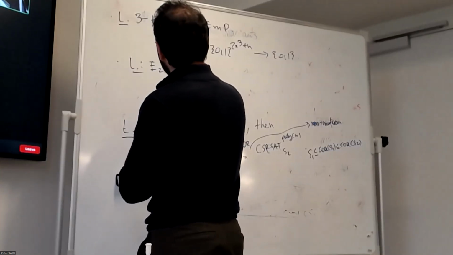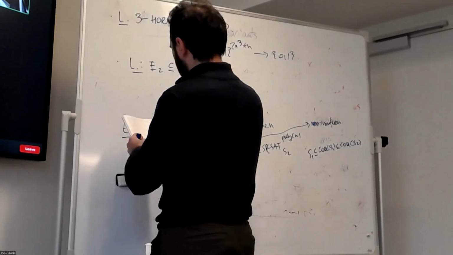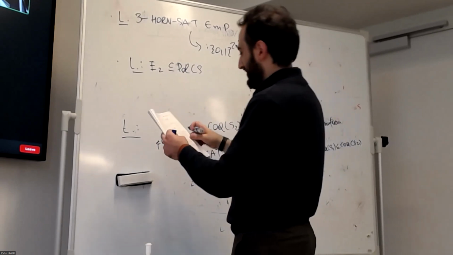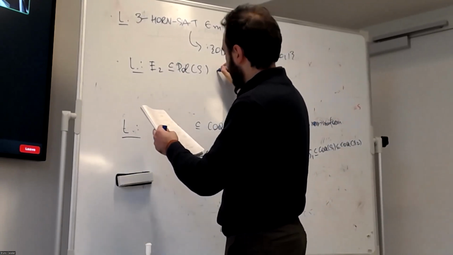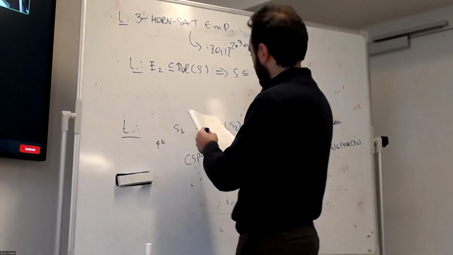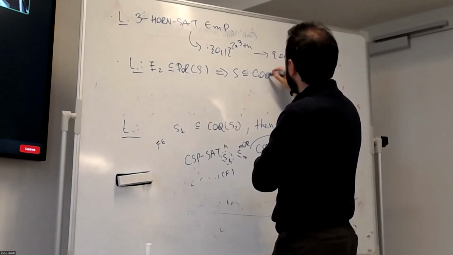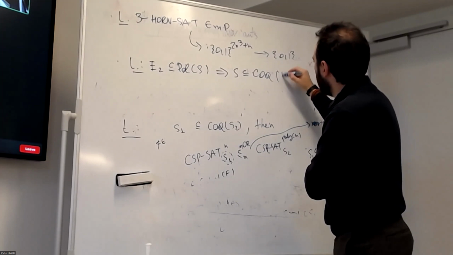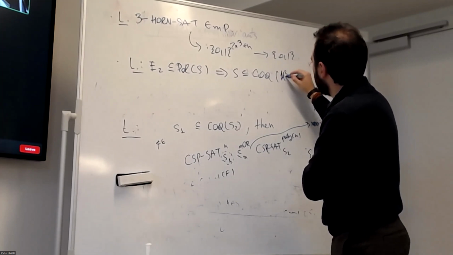We showed that if this relation, which is in the lattice, is contained in the set of polymorphisms, then S is contained in the conjunctive queries of OR 3,1.